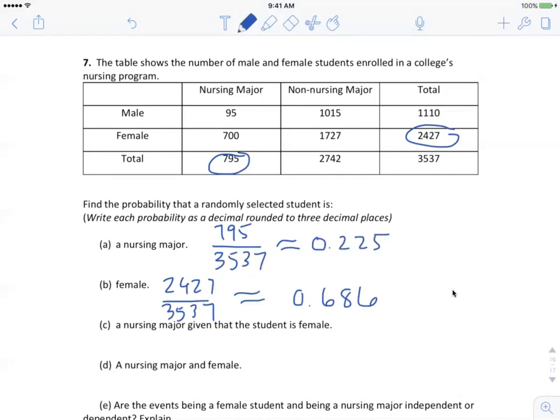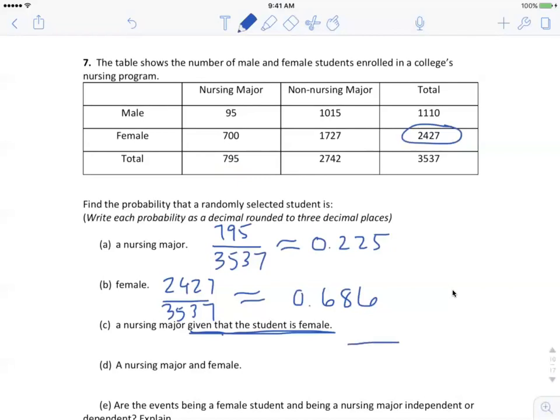Okay, here's one of those that's a given that. So that's a conditional probability. Right? A nursing major given that the student is female. So as soon as you see that given that statement, go find the total for that description, which is female. And I need that total female 2427.